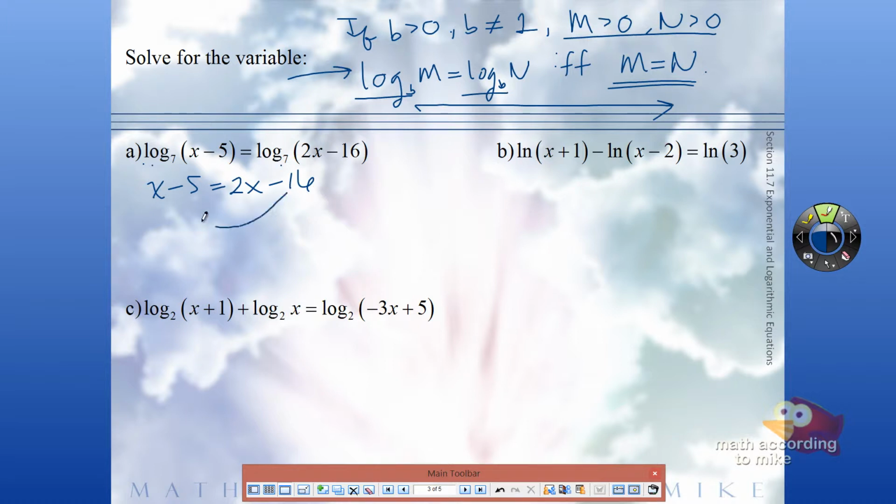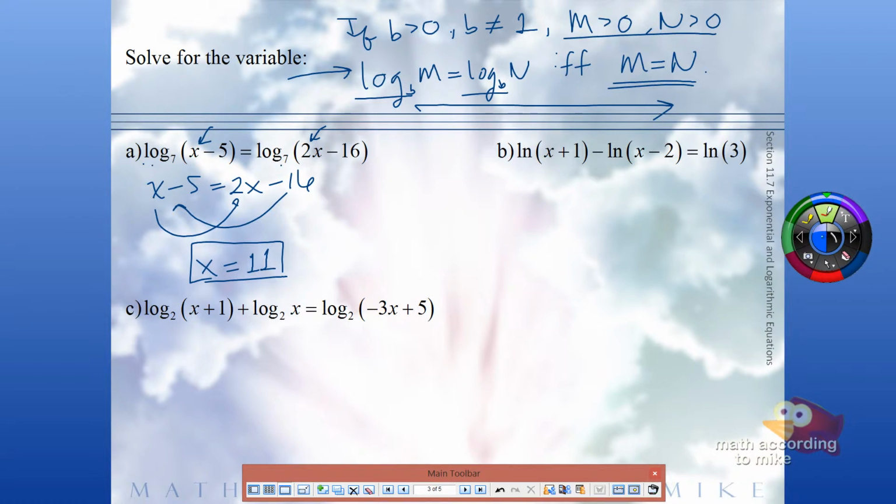So if I bring this over by addition, bring this over by subtraction, notice I get x to be 11. Now we have to ask ourselves, if I put 11 in for the x in the original problem, do I get a positive argument? And I do. So 11 is our solution. So to use this property again, you must have log equals log. And if you can do that, then you just set the arguments to be equal.